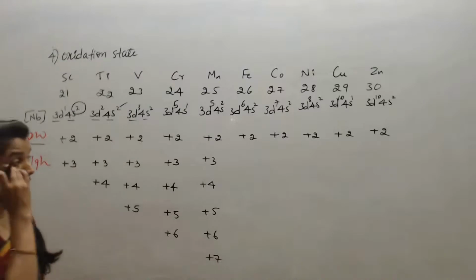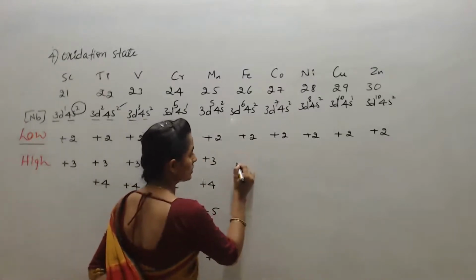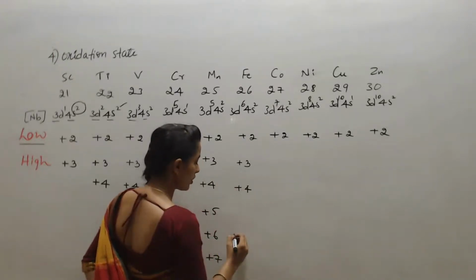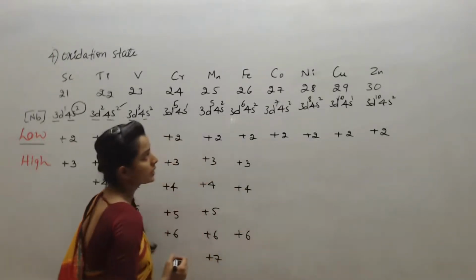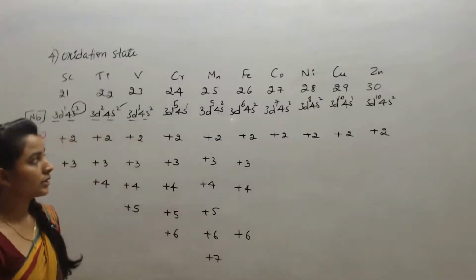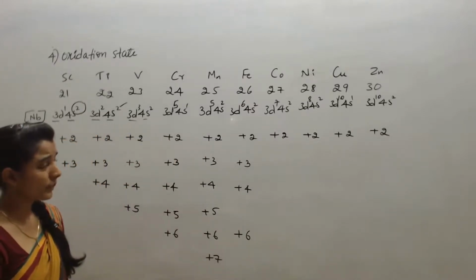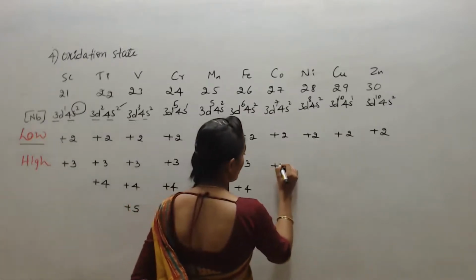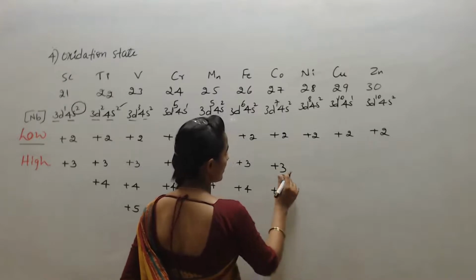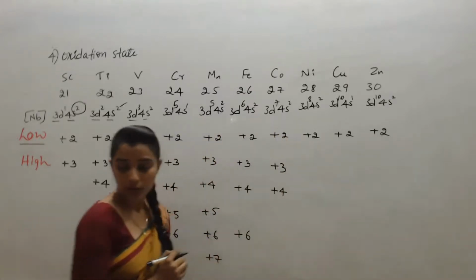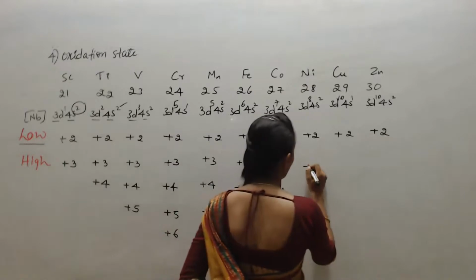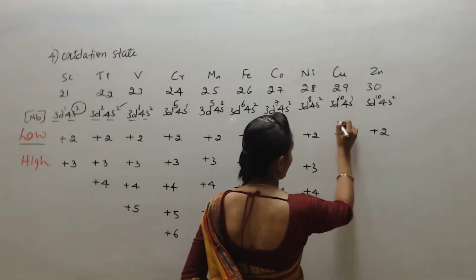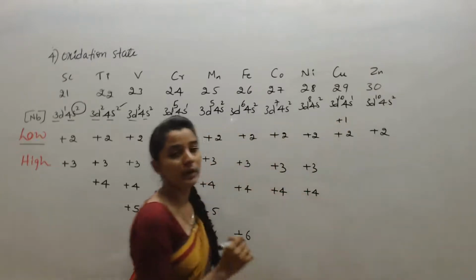Okay. So here, students, listen. +2 is there, plus 3, plus 4, but this is not stable in plus 5 oxidation state, then this is plus 6. Okay, so next one is plus 2, plus 3 and plus 4, that may be equal to the number of unpaired electrons as I told, and this is also plus 3 and plus 4, this is plus 1, not plus 2.